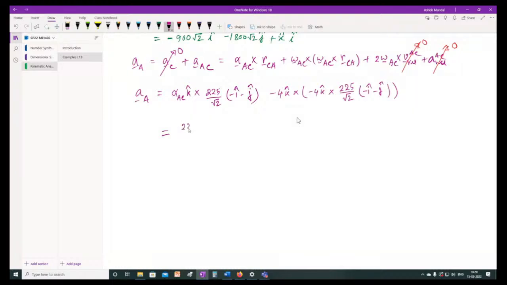If I just take this 225 by root 2 common, because we don't need it in the multiplication, we can take it common from everything, right? Now tell me the first multiplication. This is K into alpha AC (I minus j), alpha AC I minus j, alpha AC I plus... Now here also we have K into j is I, so I'm writing again here alpha AC. Is it fine? Yes, sir.